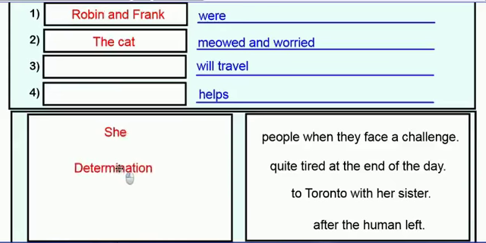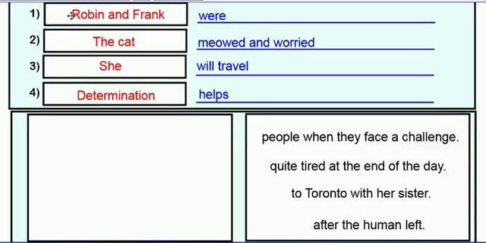Well, determination doesn't travel, right? So we'll put it with helps. Determination helps something. We'll figure that out. And then the one that we're left with is she. Before I add the black words to the end to make these sentences longer, you should know that these are all complete sentences because they have a subject and a verb, right?